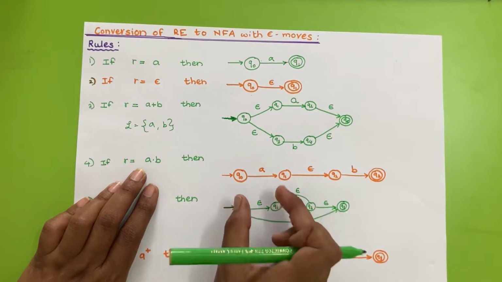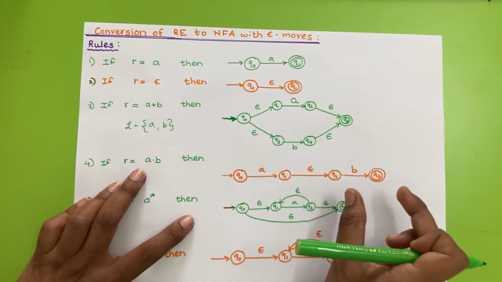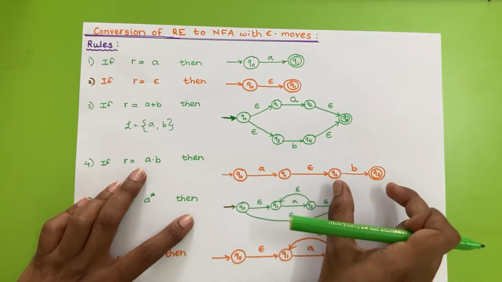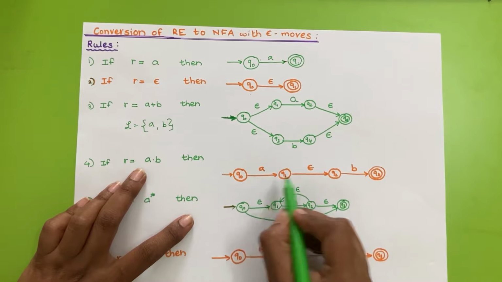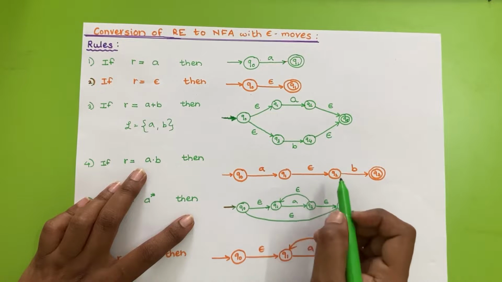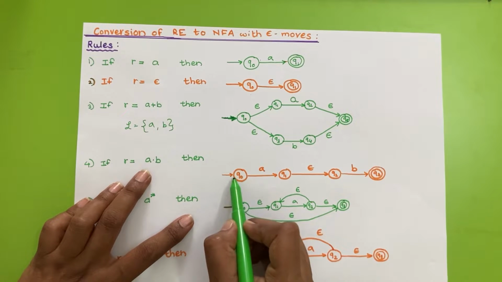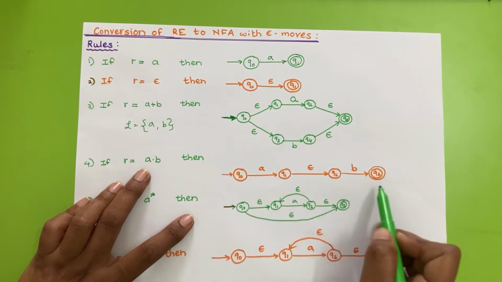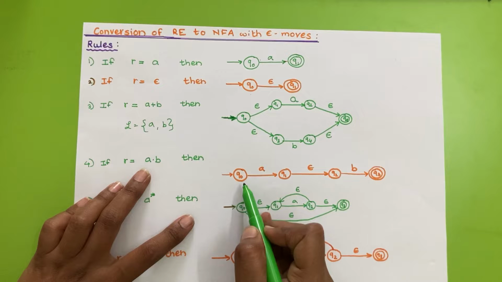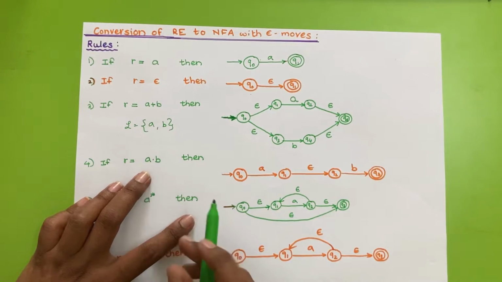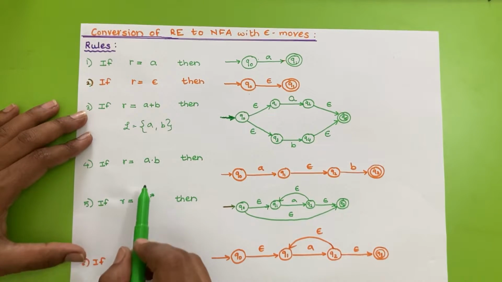So we put A first, then the diagram of B comes after A, and these two are joined with an empty transition. Q0 will act as the initial state and Q3 will act as the final state of the whole finite automaton. This is the total diagram for the A dot B regular expression.